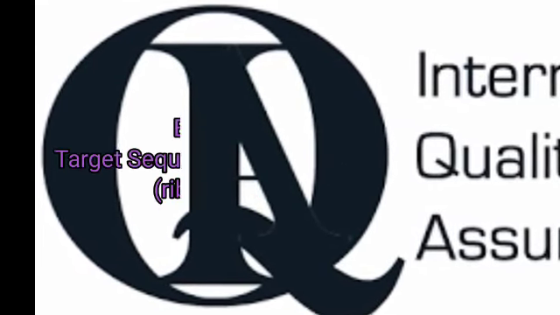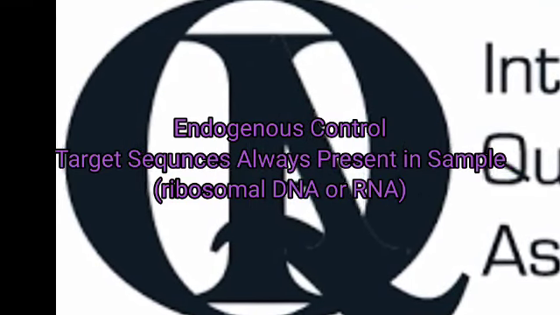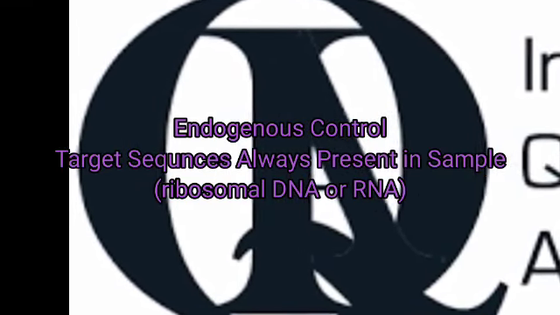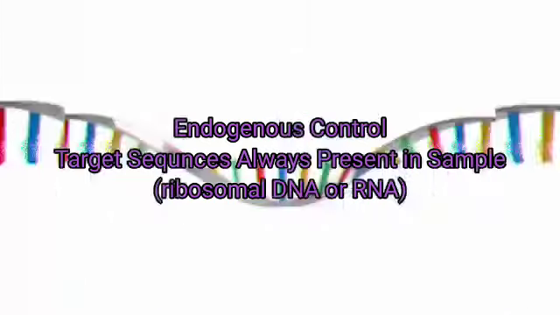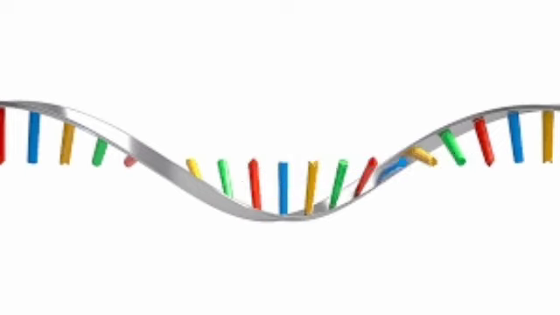Endogenous controls are target sequences that are expected to always be present in the sample, for example, ribosomal DNA or RNA.